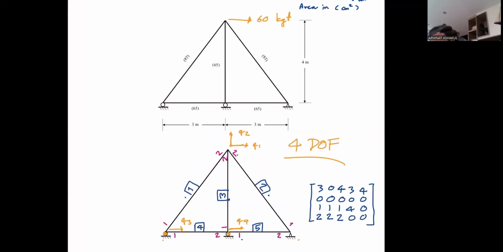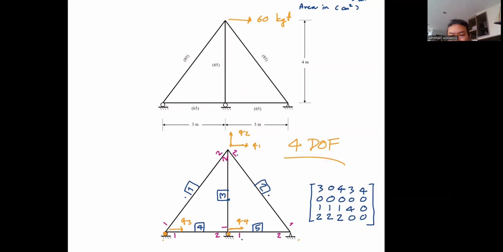Now let me remind you guys quickly. This is not a very good example. It's not a bad example, but it's not very demonstrative of some point. It has 1, 2, 3, and 4 degrees of freedom here, which incidentally are the same as the degrees of freedom of the member.